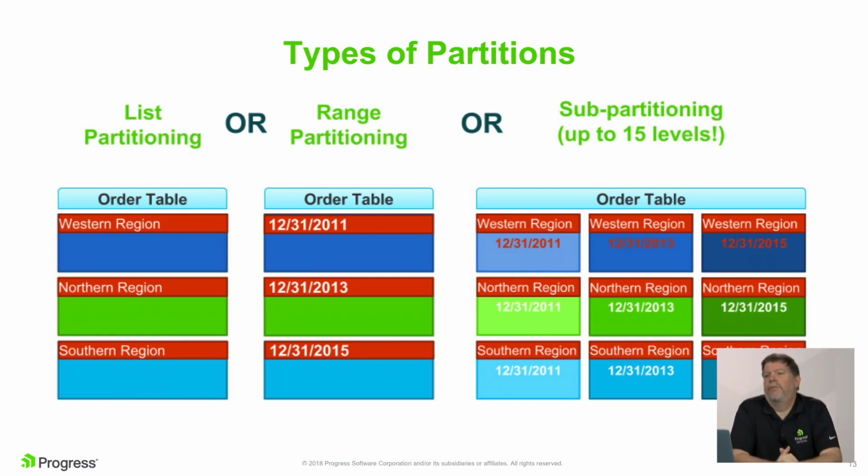I have my northern region by each of those ranges. So I can subdivide down. Now you see the level of complexity went within this from having 3 lists and 3 ranges to when I combined those, now went to 9 partitions. So you can see where your maintenance, your setup, and everything else time comes into play.